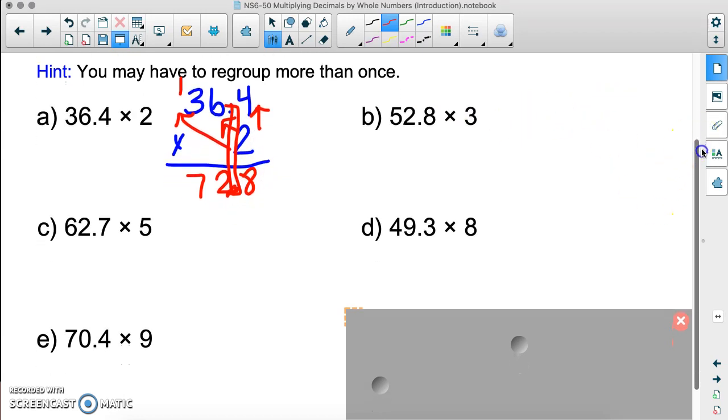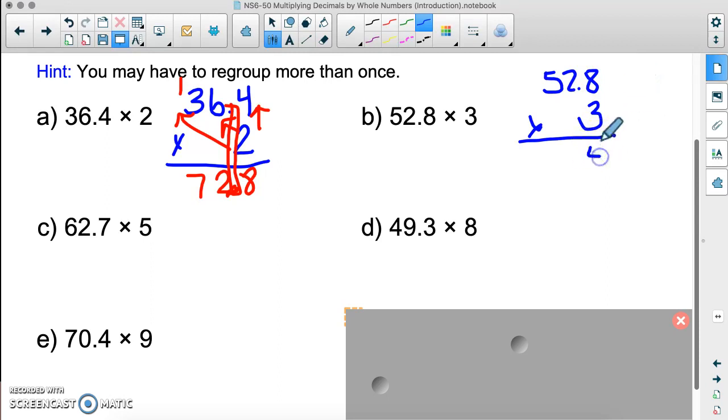Let's do B together before you try some on your own. So we have 52.8, and I'm multiplying by 3. Now, let's begin. Remember, we're just lining this up like this. What is 3 times 8?